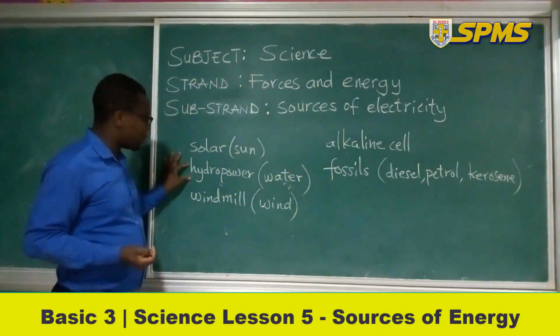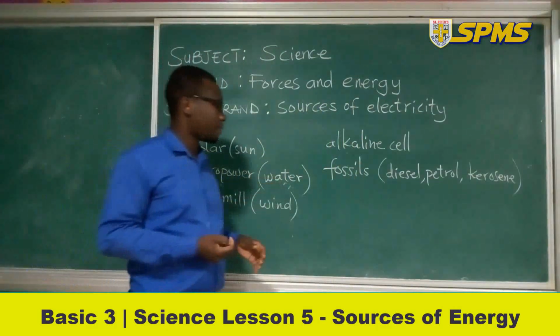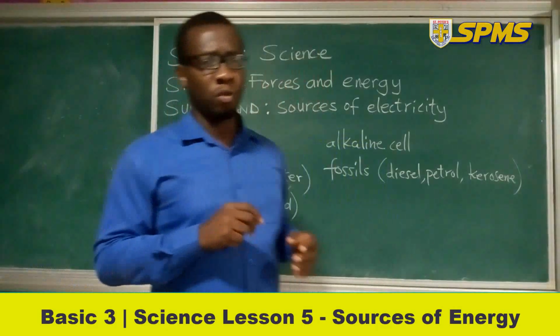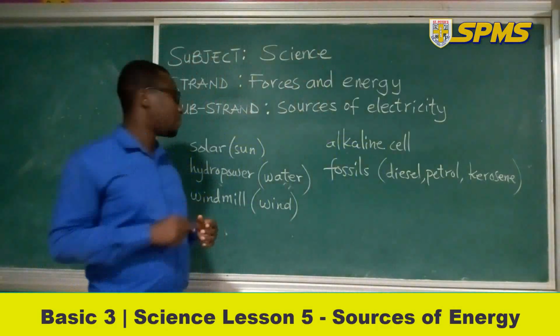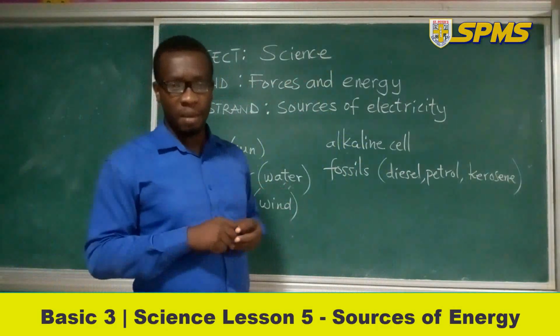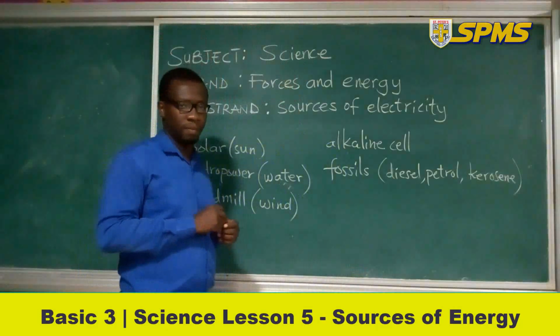Let's look at the hydro, or the electricity that we get from water. One typical example is the Akosombo Dam. The Akosombo Dam uses water to turn turbines to help produce electricity.